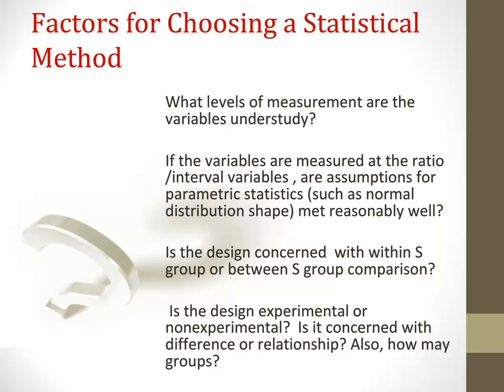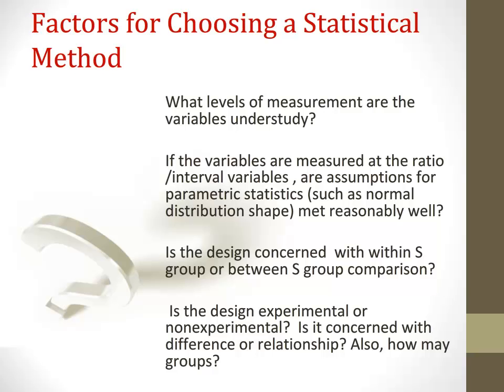Now, once we've identified what level of measurement the dependent variable, the variables of interest, or the criterion variable is, we can make a choice about whether or not to conduct a parametric or non-parametric analysis. If our variables are, remember, nominal or ordinal, then a non-parametric analysis is going to be the best choice. If our data is either ratio or interval, then a parametric analysis may be the best choice.